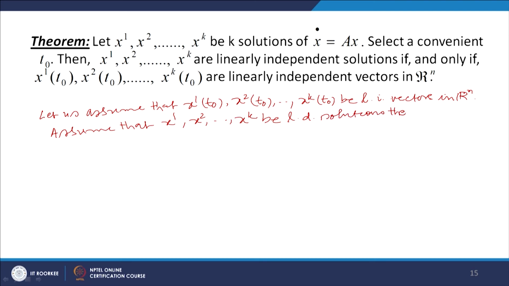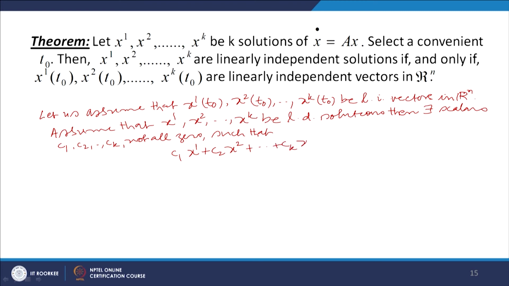Then by the definition of linear dependence of vectors, there exist scalars C1, C2 and so on Ck, not all 0, such that C1 x1 plus C2 x2 and so on Ck xk is equal to 0. This equation holds for all t.